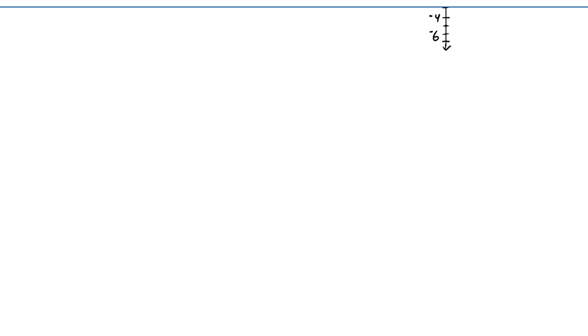So let's take a look at if we had a mapping that might look a little bit different. So let's say that we had the set of (3, 1), (0, 2), (-2, 1), (-4, -2), (1, -3). We're going to be focusing mainly on mapping here.